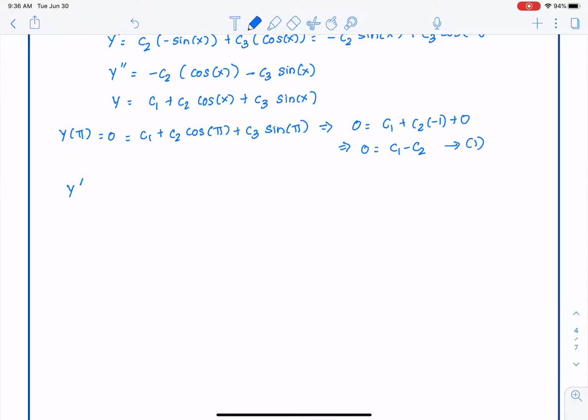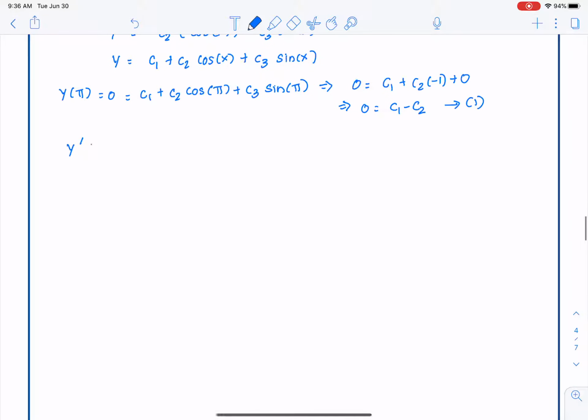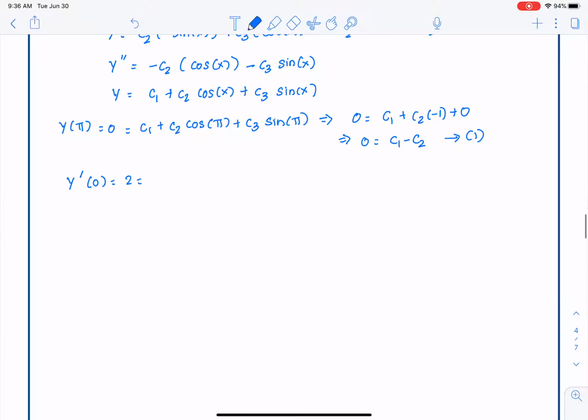We'll call that equation 1. Y prime of 0 is 2. We have y prime as negative c2 times cosine of 0 minus c3 times sine of 0, which would imply cosine of 0 is 1, sine of 0 is 0.